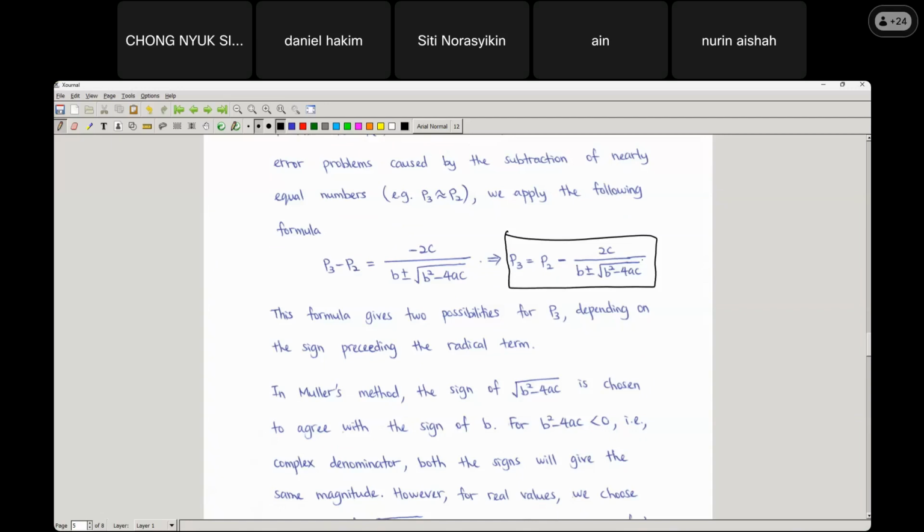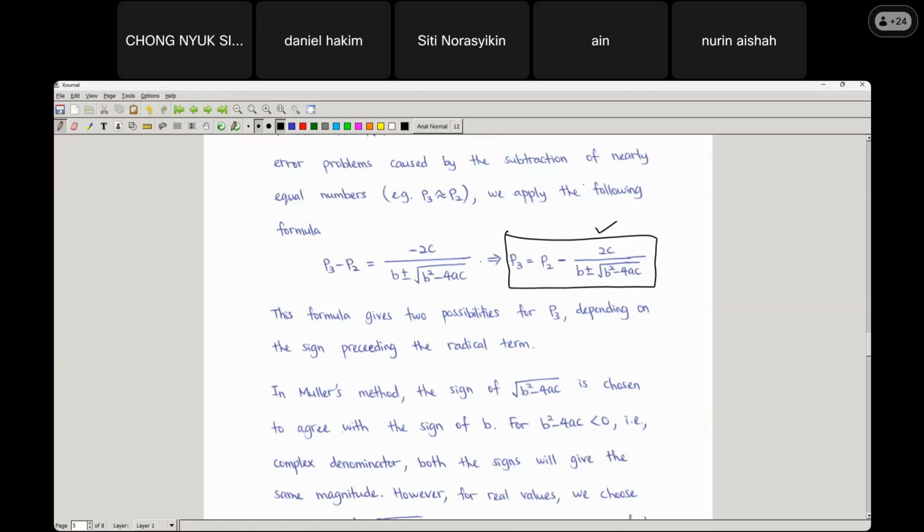You do not need to know how we get this formula, but if you're interested, I encourage you to figure it out by yourself. For this course, we are not going to ask you how to derive this formula. You just use it. You need to memorize this formula.